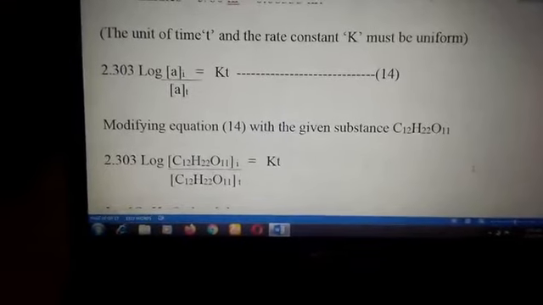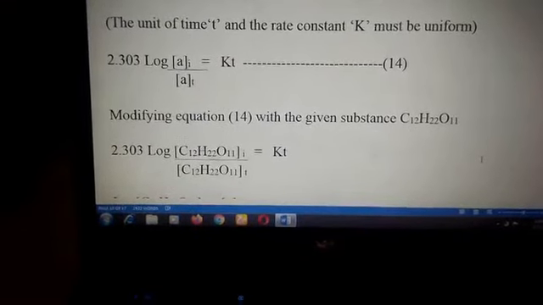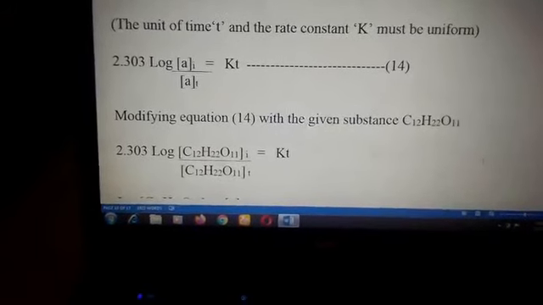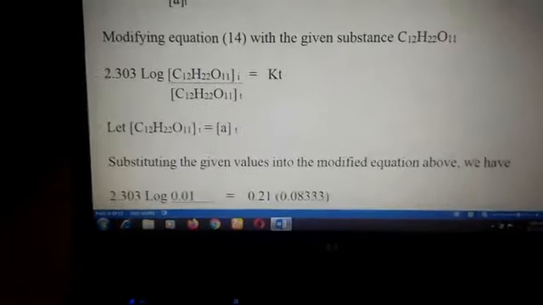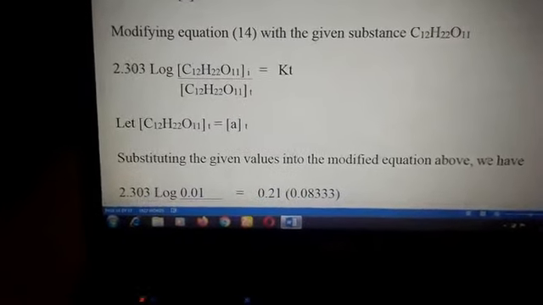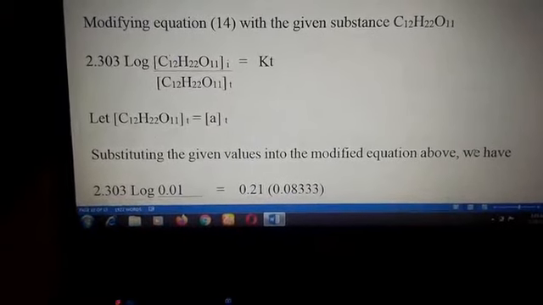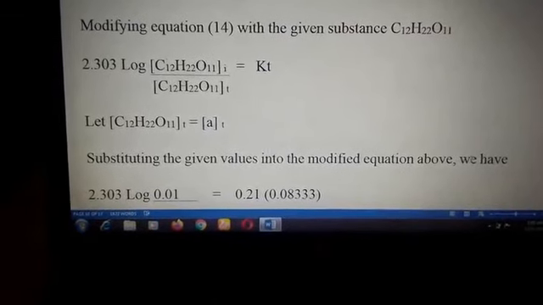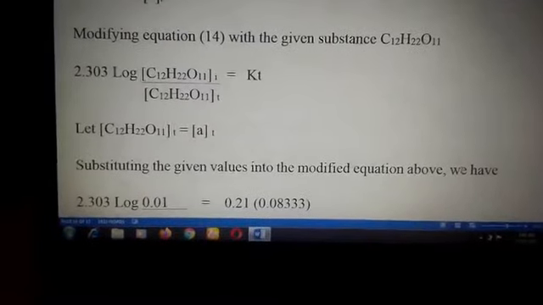So we now have 2.303 log [C12H22O11]_I, meaning initial concentration, all over [C12H22O11]_T, equal to KT. Since we're looking for the concentration of sucrose at time T, we let [C12H22O11]_T equal A_T, so we can work with both those values.